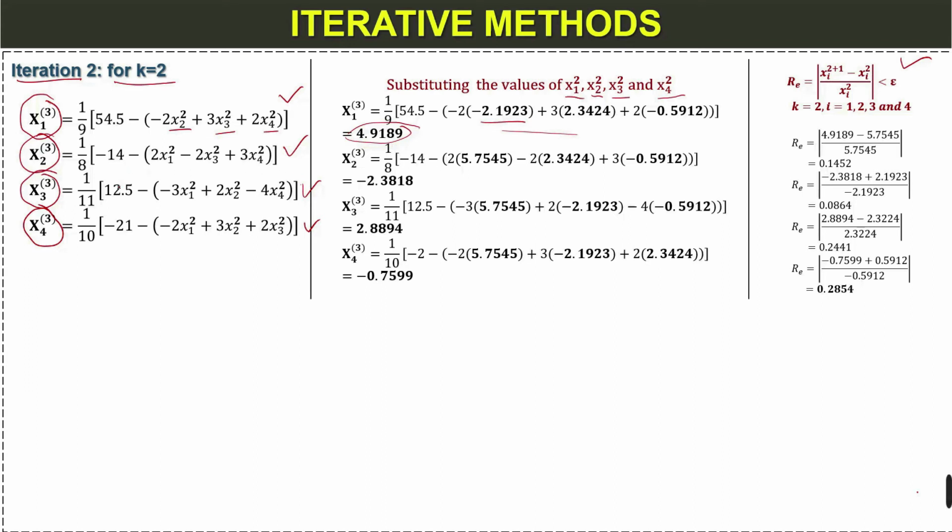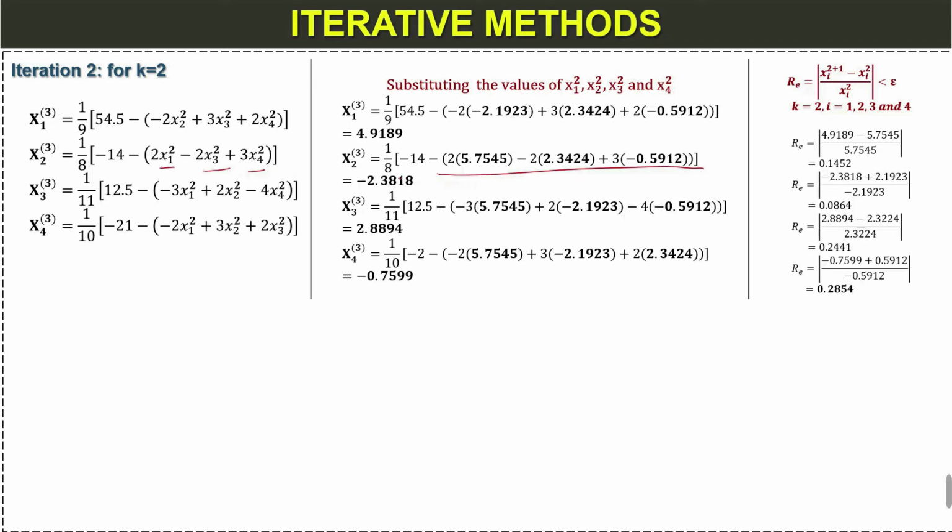And similarly we substitute the values x21, x23, and x24 in this equation, and after simplifying we get the new estimated solution x32, and similarly for x33 and x34. On the same steps we will calculate the relative error for this iteration also, and we will see the error is reduced as we move toward higher numbers of iterations.